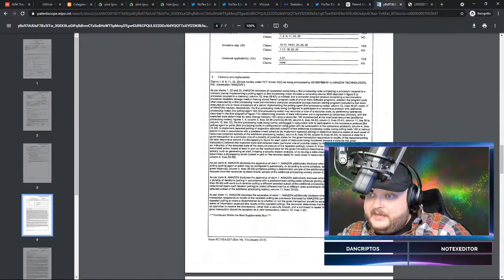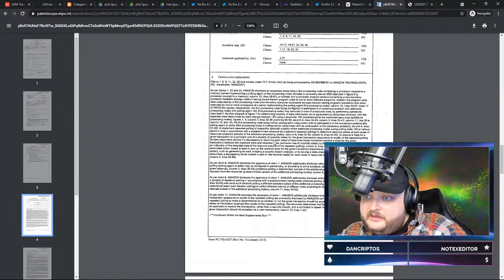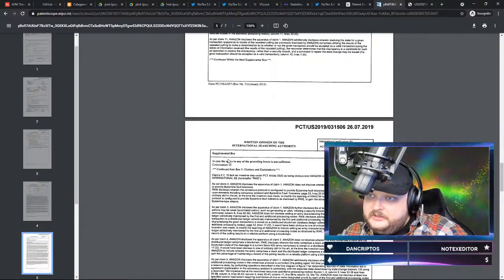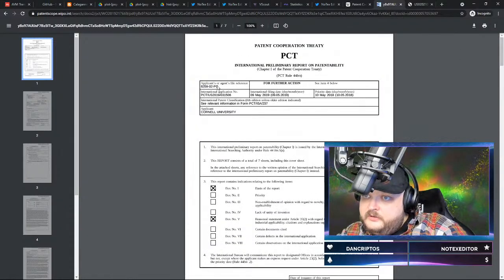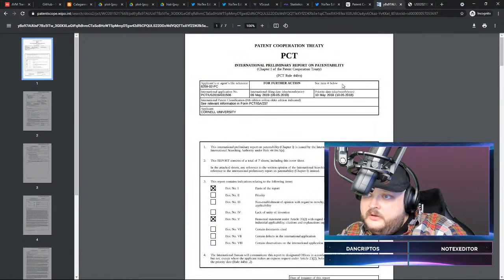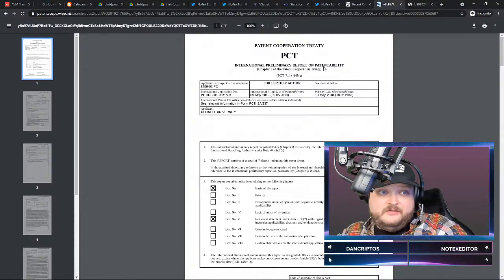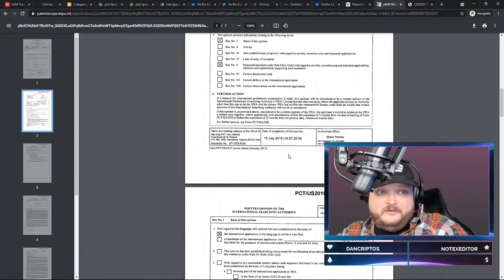I don't know. Again, I can't say. I'm not a legal expert, but I don't see anything that says this is a final rejection. This was put forth. This is a preliminary report on patentability. This is not the same thing as a final decision on anything.